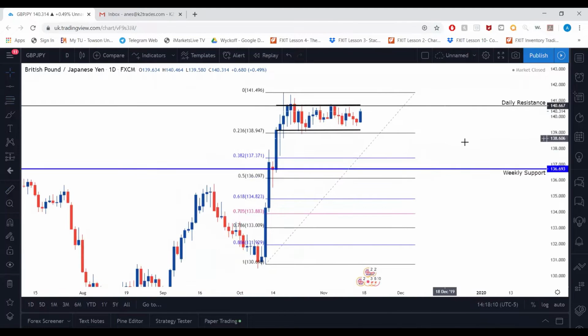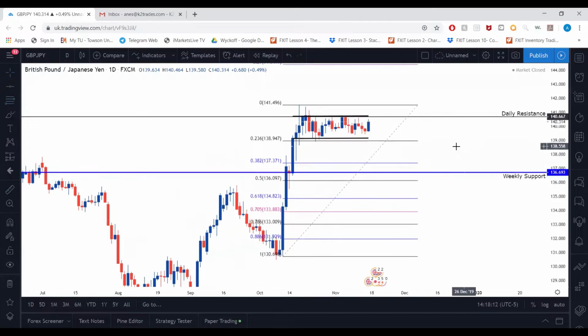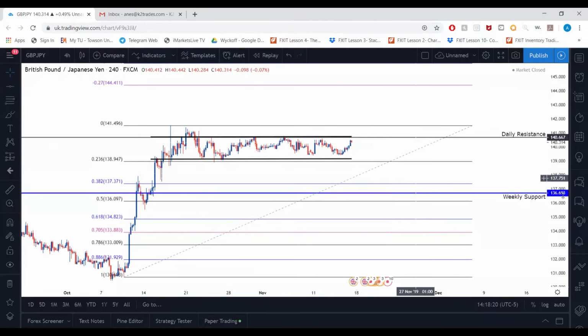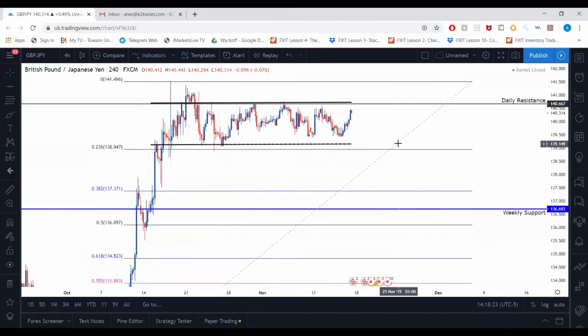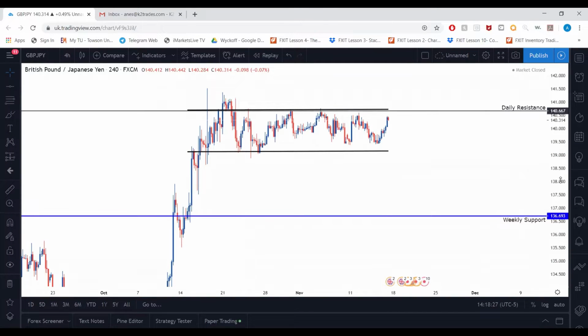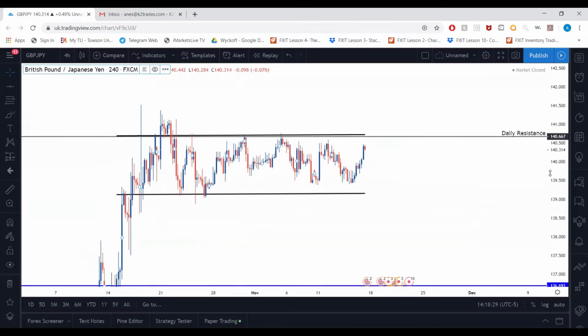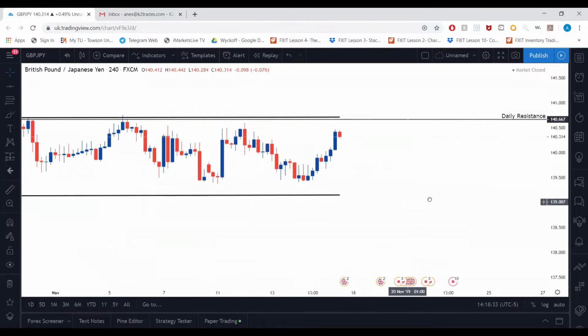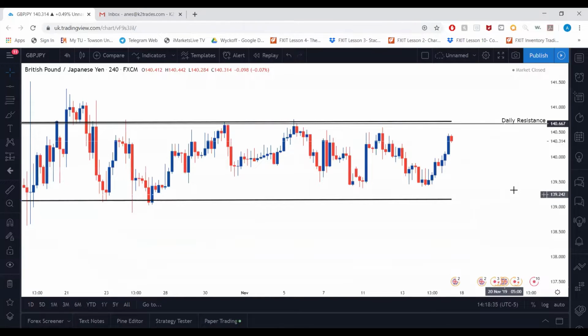You just have to watch it on a smaller time frame, because it's been going within this range for 4 weeks straight. Let me clear the fibs so we can see this a little bit better. The last 4-hour candle on Friday closed bearish, which honestly is not enough confirmation for me personally.